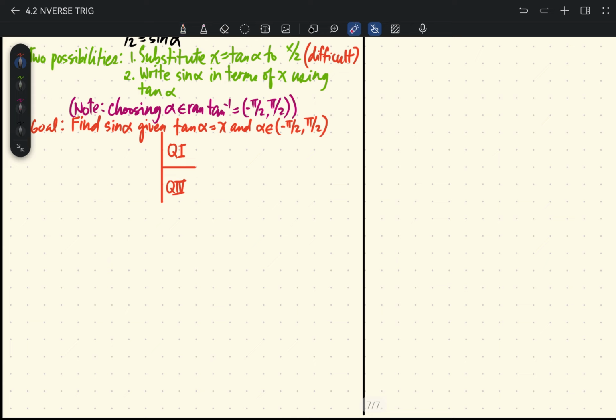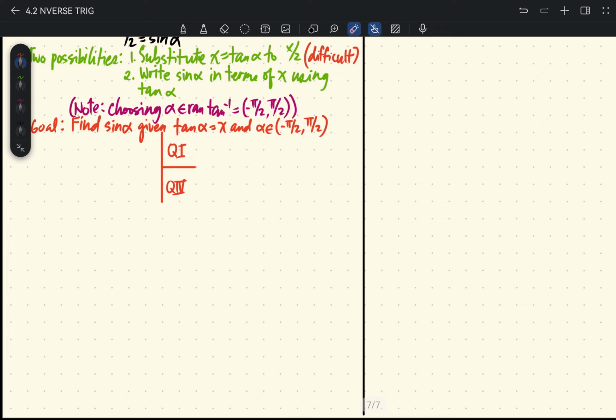That's because sine can either be positive or negative. But one thing's for sure, in this interval, cosine is positive. And for now, I guess what we can do first is find cosine alpha.